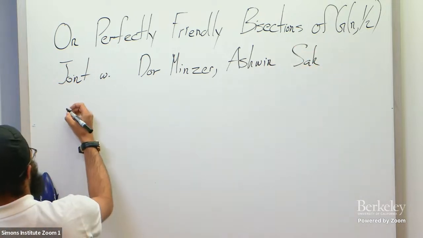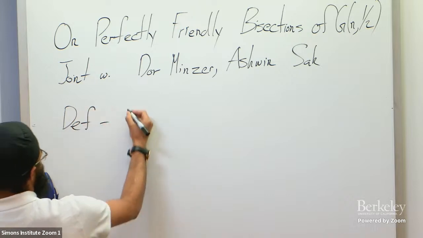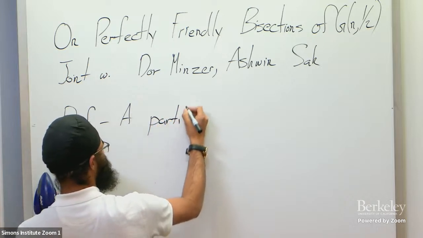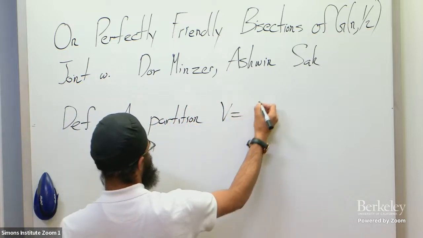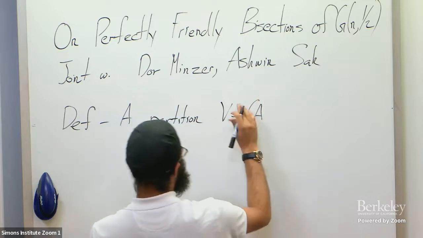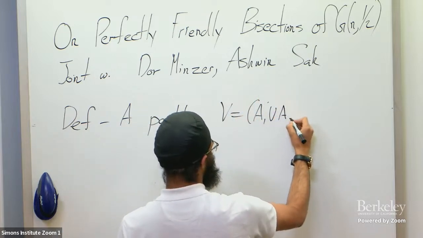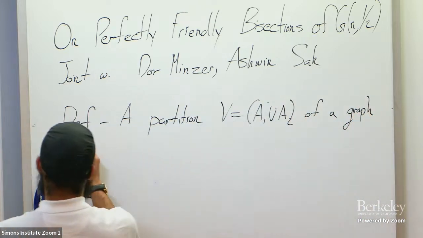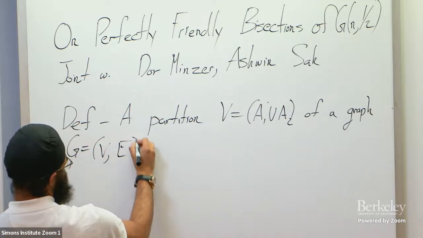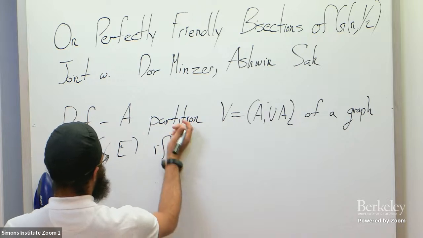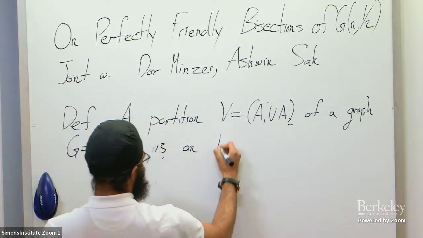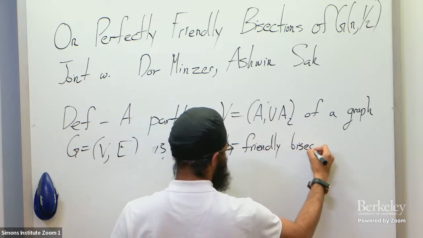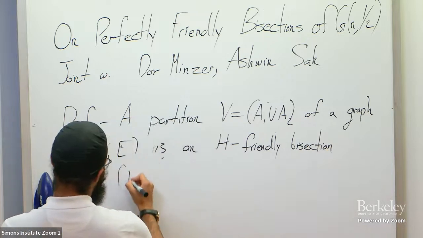So I guess let me start by defining the object of interest. A partition of V into A1 union A2 of a graph with vertices V and edges is an H-friendly bisection if, one, it's a bisection.